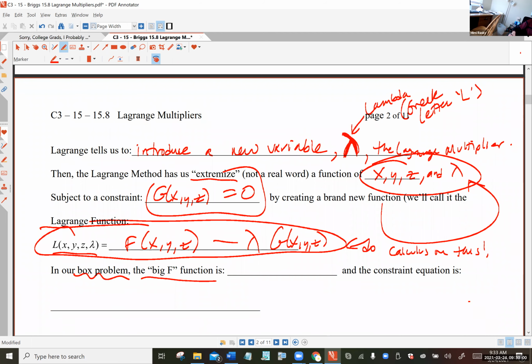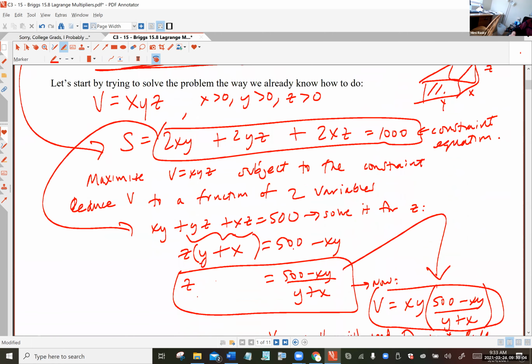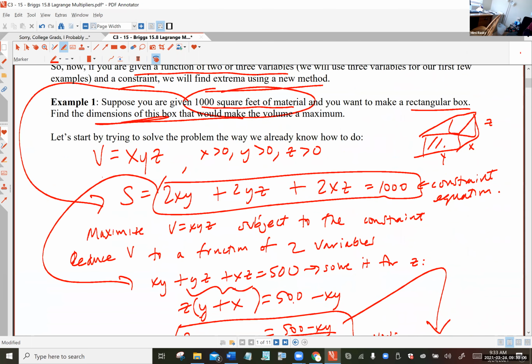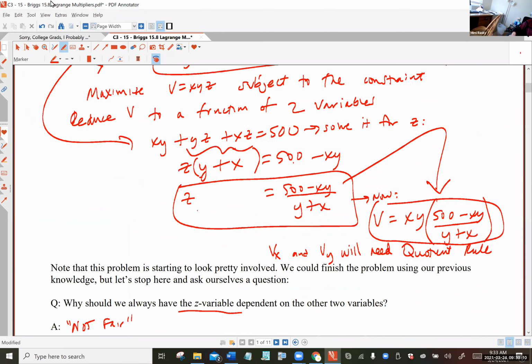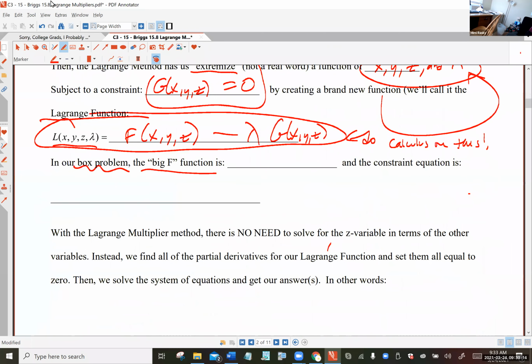Who's going to be the big F function for us? So here's the box problem, okay? The big F function, the quantity to be optimized, in this case maximized, is the volume. So V equals XYZ is going to be the big F for us.